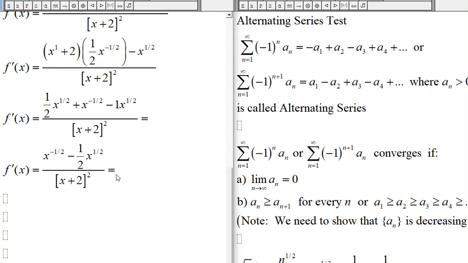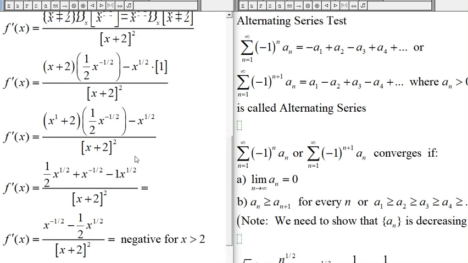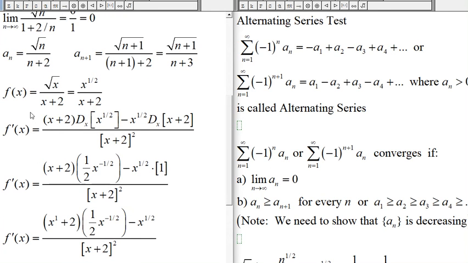And so this derivative function right here is negative for x greater than 2. And so what this means is this: remember that the function f of x is the function that corresponds to the sequence, the square root of n divided by n plus 2.